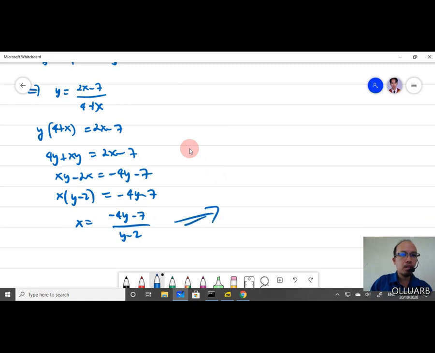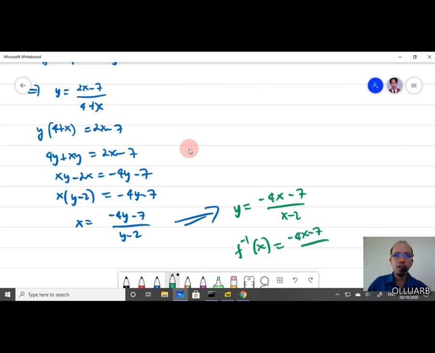Okay, so from here you can interchange the rule of x and y here. This is your inverse: -4x minus 7 over x minus 2. So this is the inverse. By computing the range of the function, you can automatically interchange the rule of x and y.